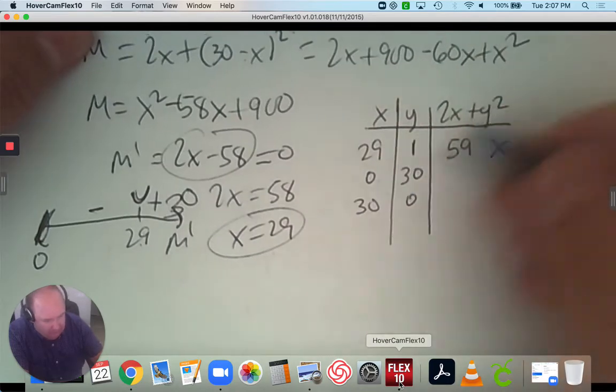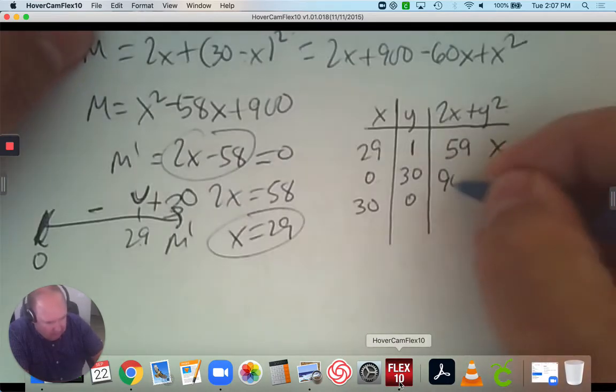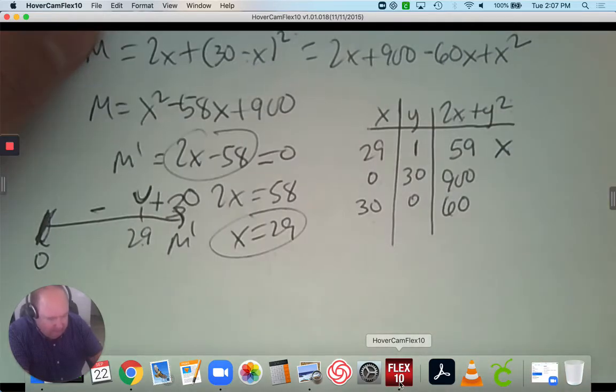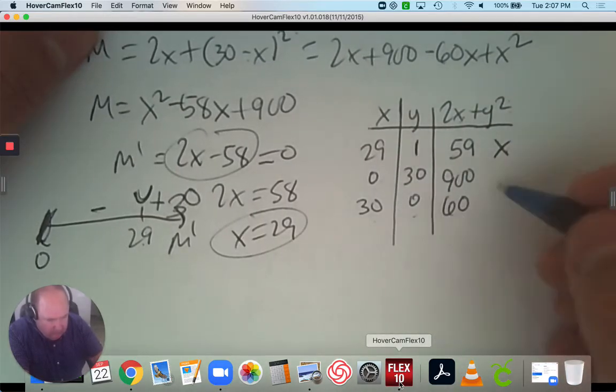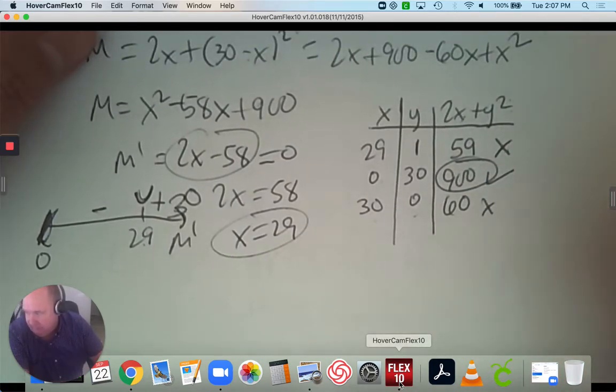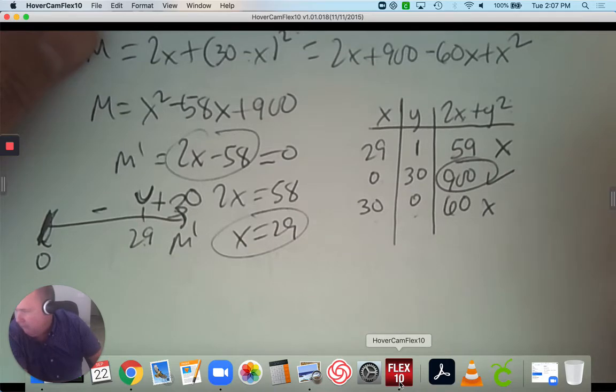So if I plug in 0, I get 30 squared, which is 900. If I plug in 30 for x, I get 60. 0 squared is 0. So which is the winner? The question is, what's the maximum value? So find both numbers.